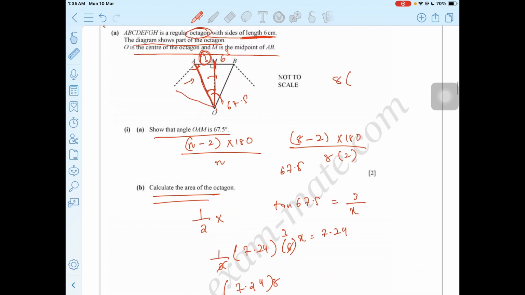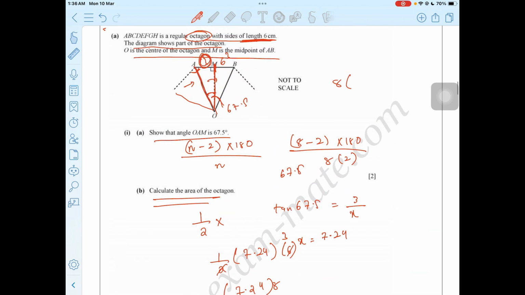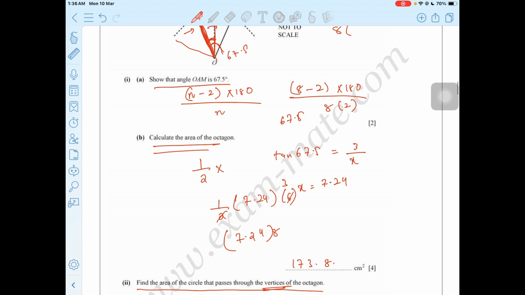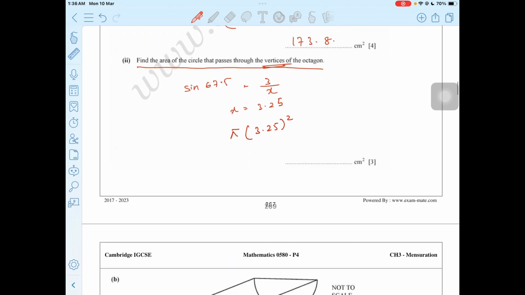So this will be 3 and this is 67.5. We need to calculate this, right? So we have sine and then we have to calculate this radius. So what do we get over here is that we can use a cos as well, right?